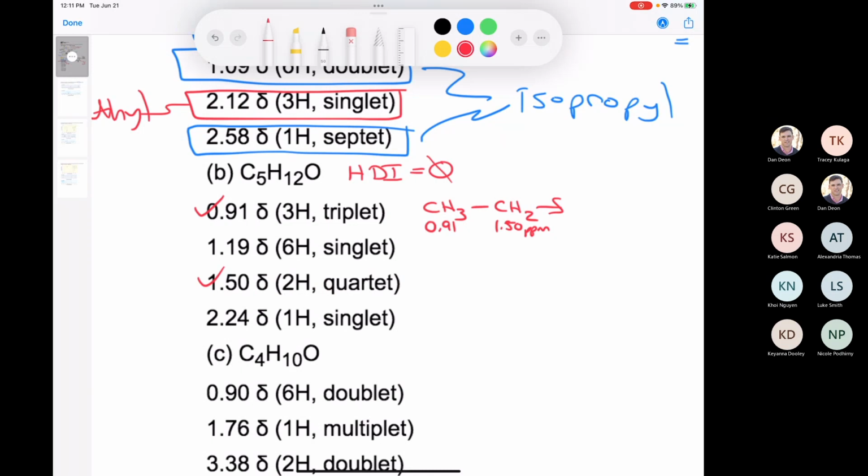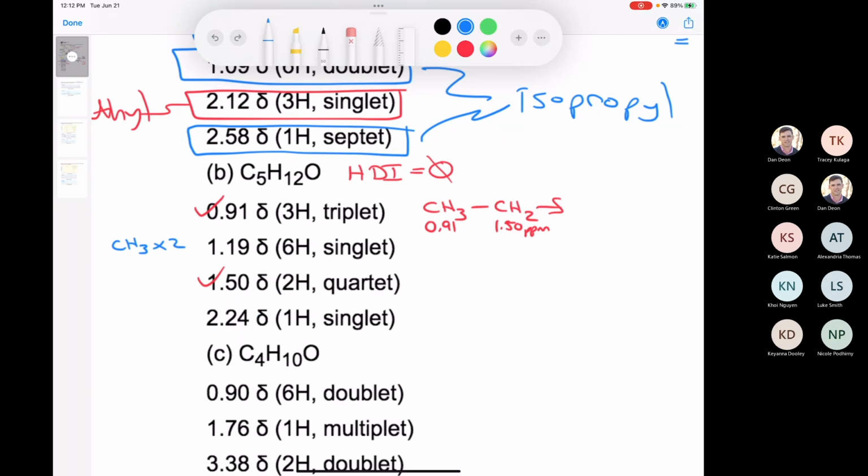Next, we have a singlet that integrates for 6 protons. So it's at 1.19. That would probably be 2 methyl groups that are chemically equivalent. So we'll put here CH3 times 2. And again, it's a singlet. It's not coupled next to any protons. And then the last one at 2.24 is 1 hydrogen that is a singlet.